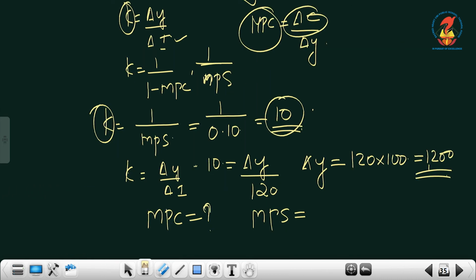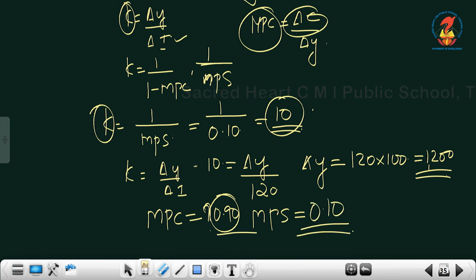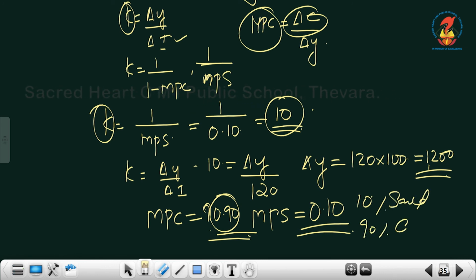Therefore, the value of MPC is 0.90. Without any doubt, you can write MPC as 0.90 because MPS is 0.10. So 10% is saved and 90% is consumed. So it is 0.90.